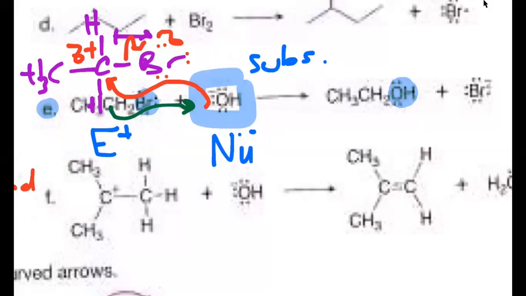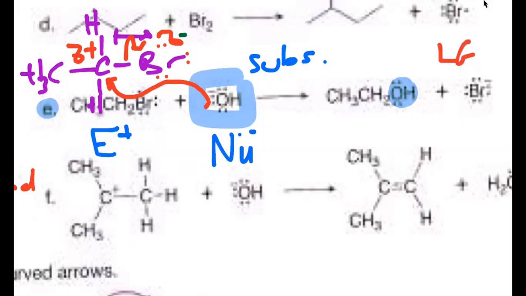All right, any questions about this, about anything so far? So my nucleophile is going to attack my electrophile, and that's how substitution happens. Nucleophile attacks the electrophile, which loses a group. So what would bromine be considered in this case? If it's leaving, a leaving group.